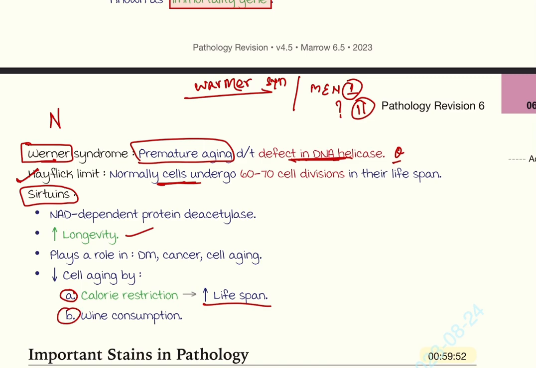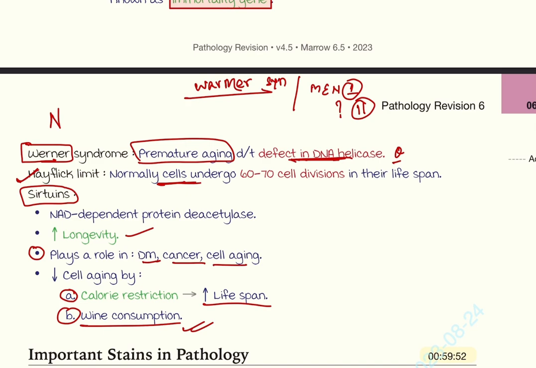And wine consumption can also increase longevity, but that should be up to a particular limit. Sirtuins play an important role in diabetes, cancer and cell aging. A very new concept here is NAD-dependent protein deacetylases.